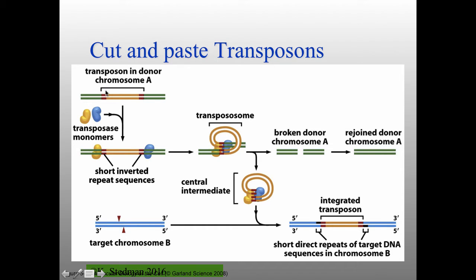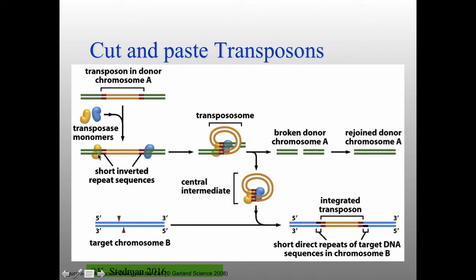Inverted repeat just means going from 5' to 3' on this strand, you'll have a sequence. The same sequence is going to be over here on the other strand, going from 5' to 3'. So these inverted repeat sequences are what the transposase protein binds to.